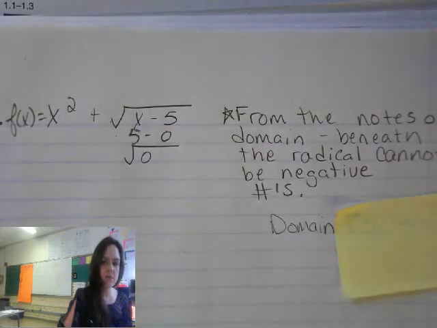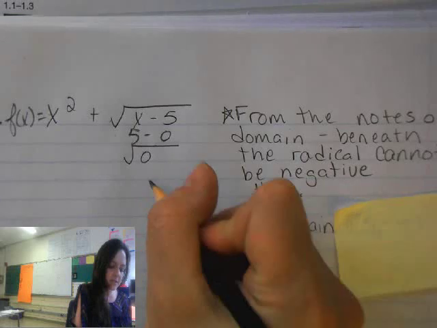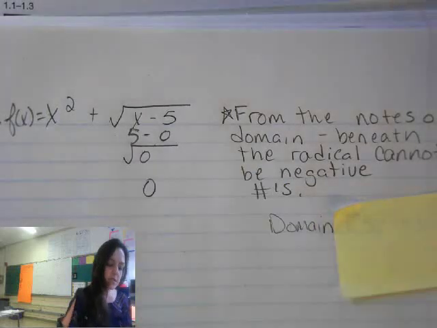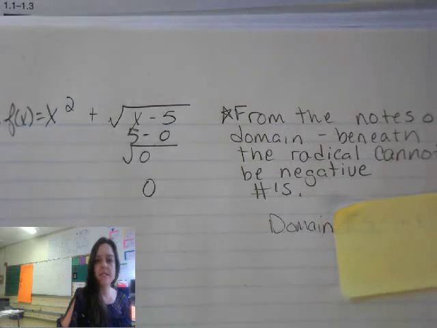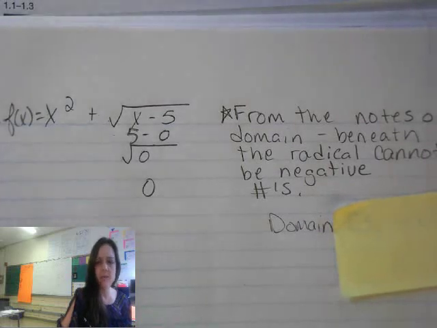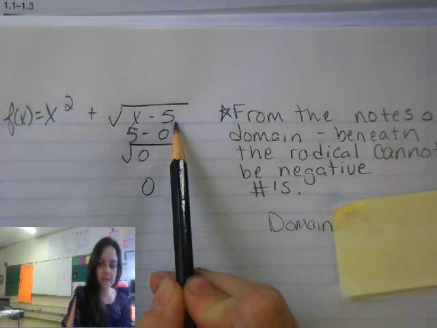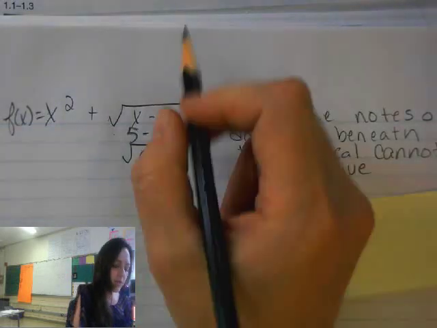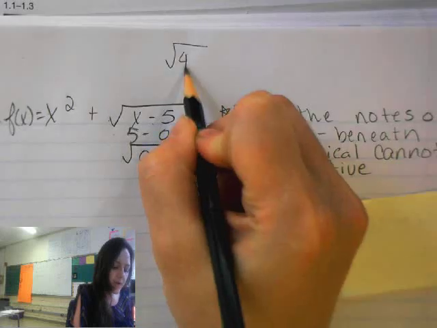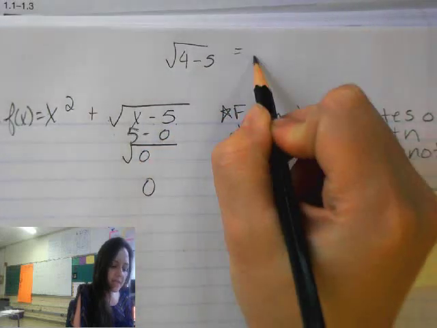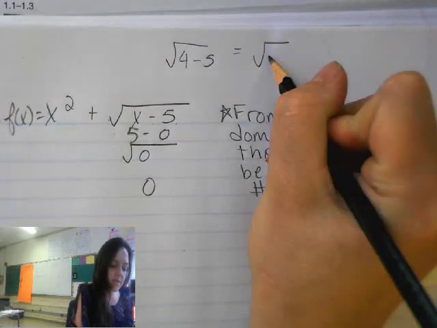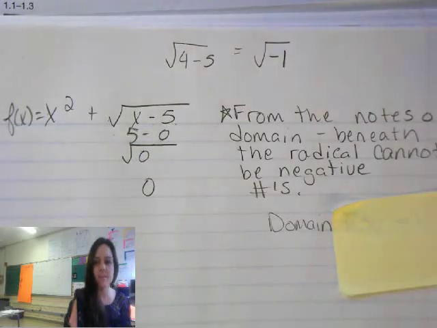The square root of 0 is just 0. So 5 works, but no number smaller than 5 will work. Any number smaller than 5 that I subtract 5 from is going to give me a negative value. Like say 4 minus 5, that's going to give me the square root of a negative number, -1, and that's an imaginary number, so we can't use that.